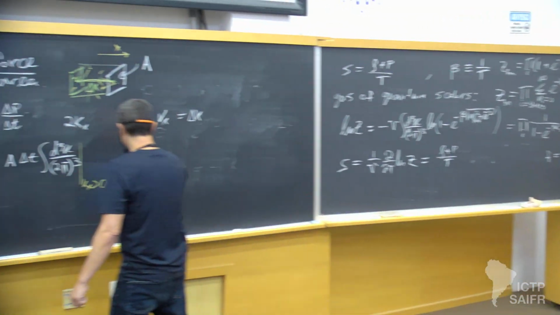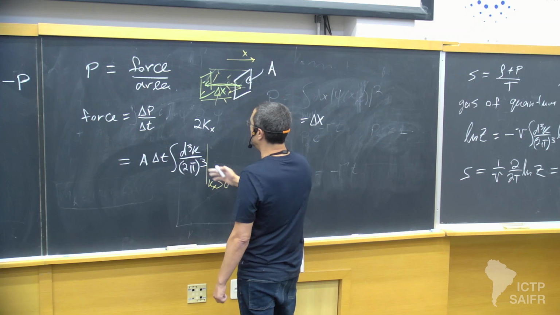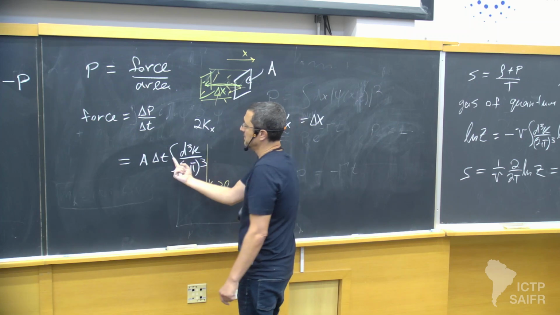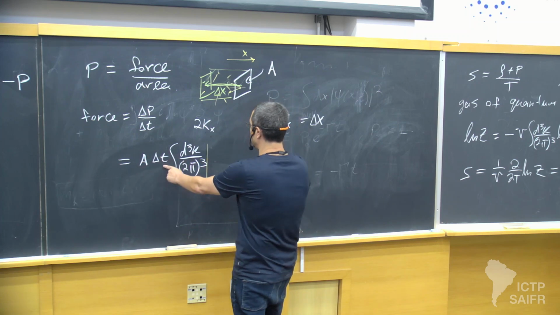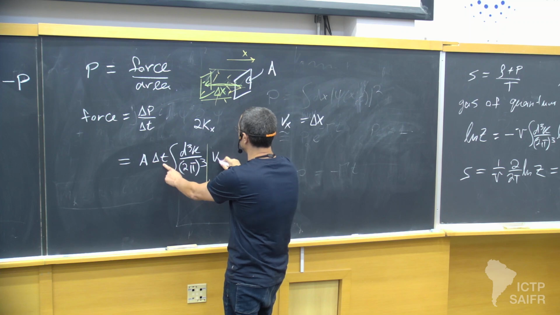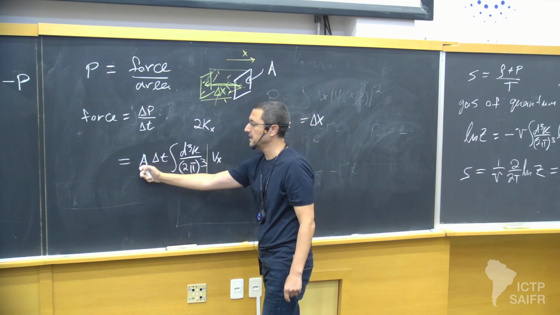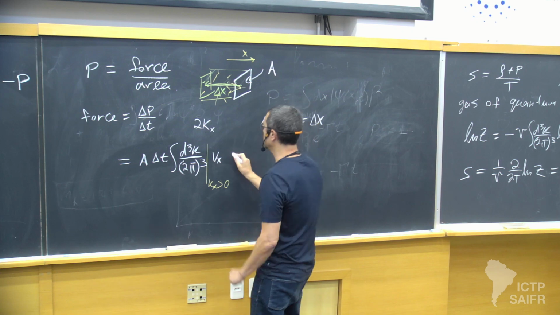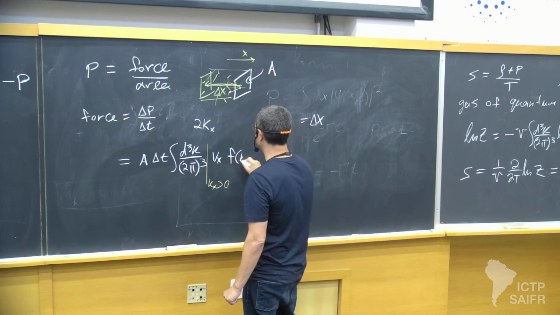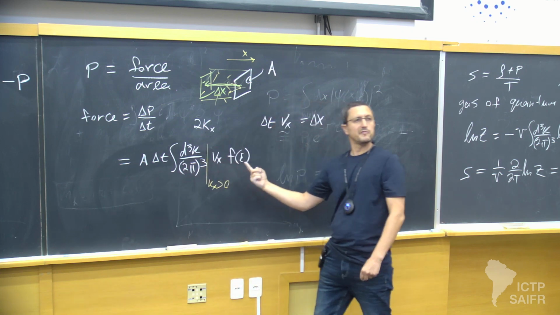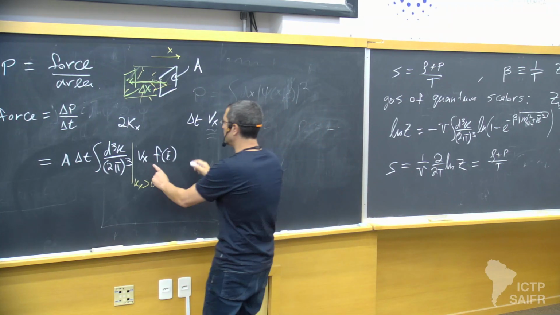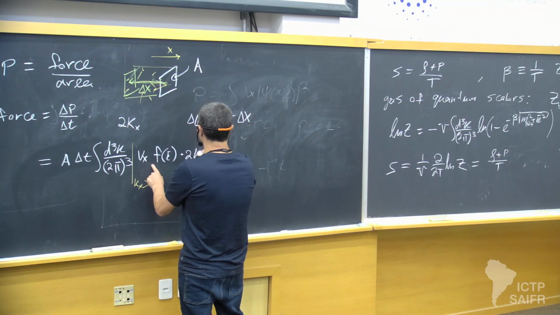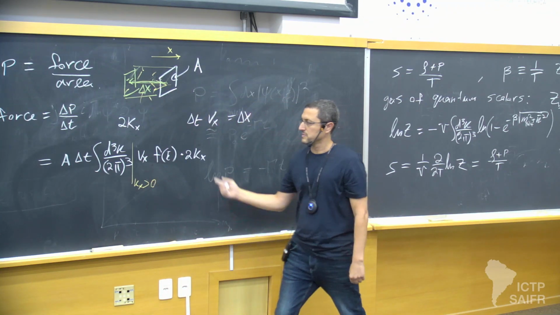Each one of those particles, well, how many do I have? This times V is the size of the volume. So this is Vx. Now Vx delta t A is the volume of the box. This is the volume in momentum space that I want. I want f of k. Now it's the number of particles in my box. Each one of them is delivering to me 2 kx momentum. So that's my force.